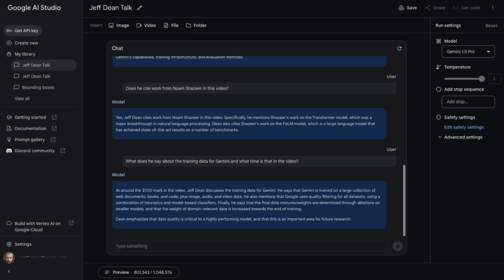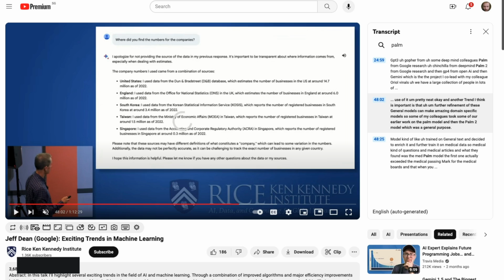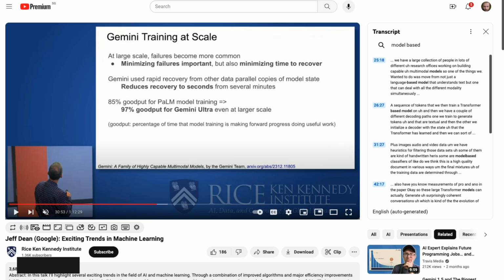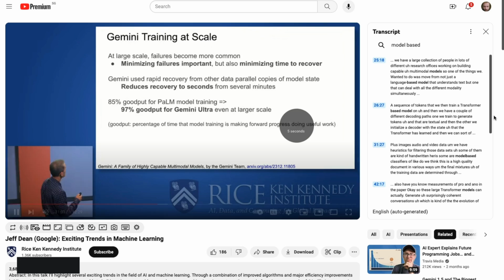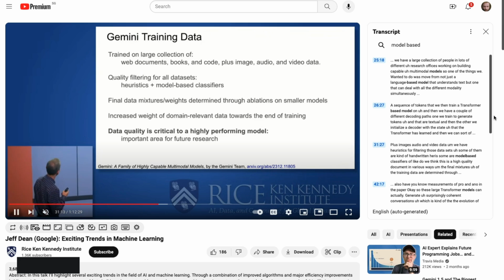Let's just check that it's around the 31-minute mark. And sure enough, when we come to around the 31-minute mark, we can see Gemini training at scale, and I think after this is Gemini training data. So at 31:13, it's basically found the slide about Gemini training data. It talks about the things that we just saw: the web documents, books, code, etc. Quality filtering for all data sets, heuristics, plus model-based classifiers.